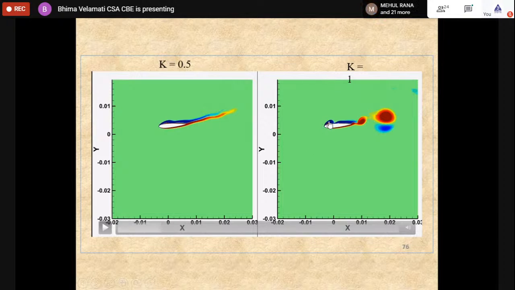So when the vortex structure forms, you will have a pressure difference between the top, the suction side, and the pressure side, which would lead to more thrust.